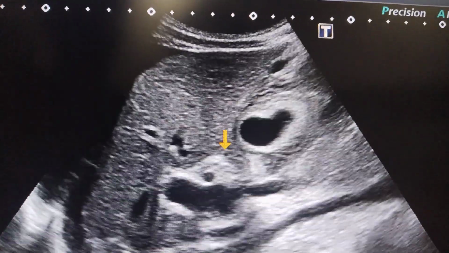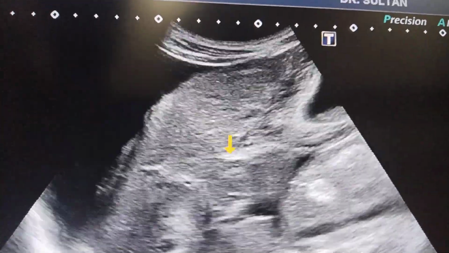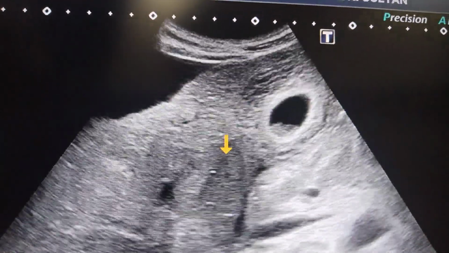Still it is a forward flow of the portal vein.